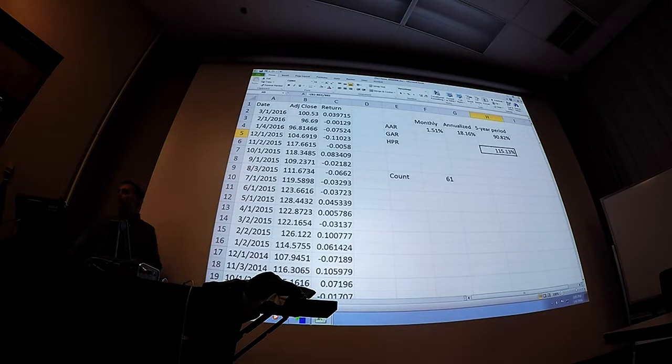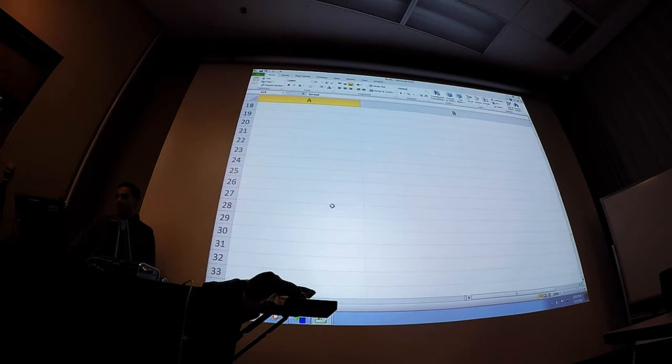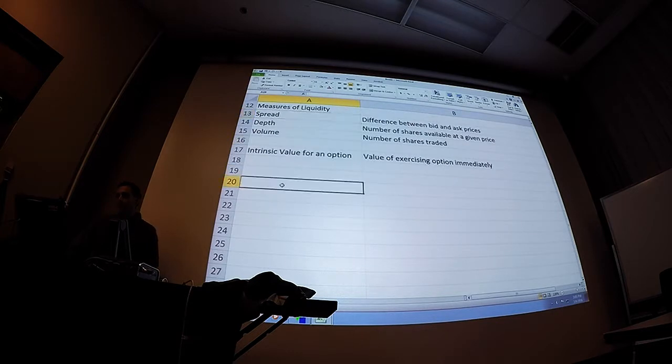Other questions about this holding period return? So HPR stands for holding period return. Let me write what those abbreviations were, the values that I'm computing here.